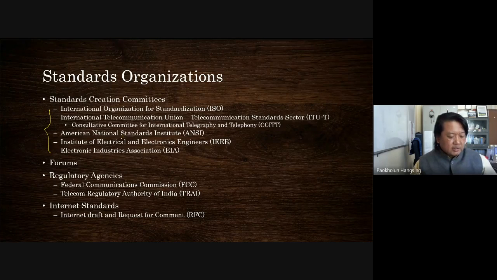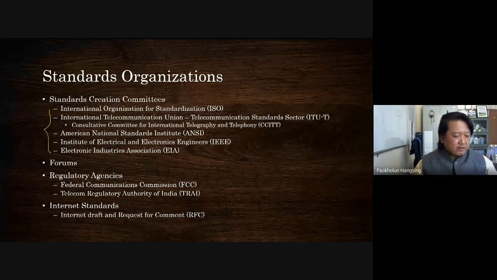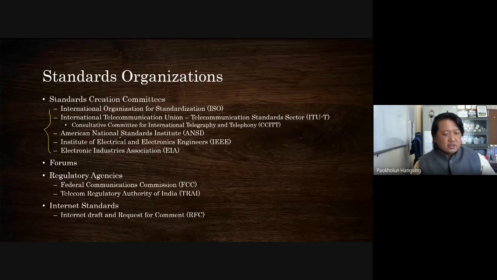This American Standard Institute, or in short, ANSI, is completely private. Okay, it is not a government-owned institution, committee or organization. Private non-profit corporation, not affiliated with the federal government of the United States. However, all ANSI activities are undertaken with the welfare of the United States and its citizens given primary importance.